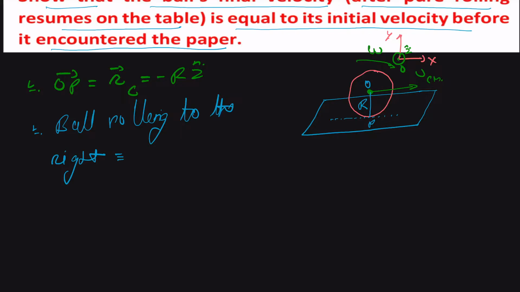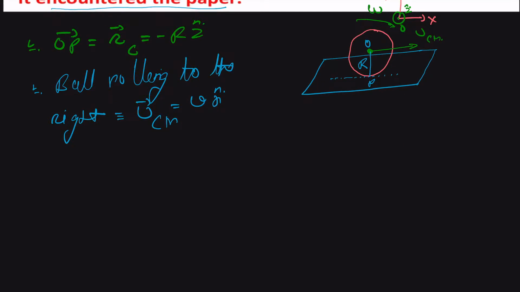Therefore we can say that the velocity of the center of mass can be written as V times the x unit vector. And from here we can write that omega will be equal to V upon capital R, in the z unit vector plus direction.